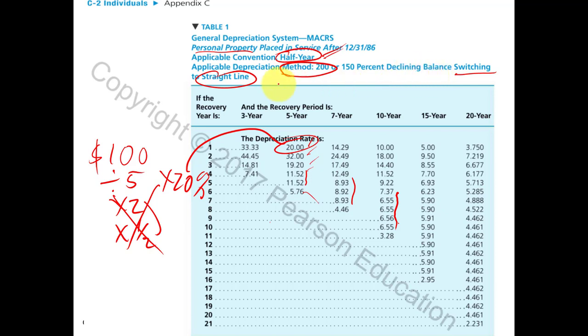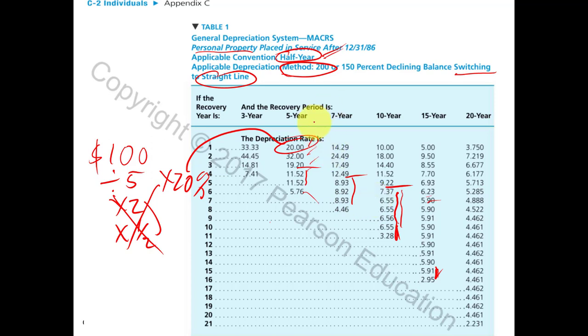And it's not straight line the way you learned it in previous accounting classes. It's taking straight line from the adjusted value, the book value here, and deducting it evenly over the remaining life, except again you have half a year's worth in the last year.